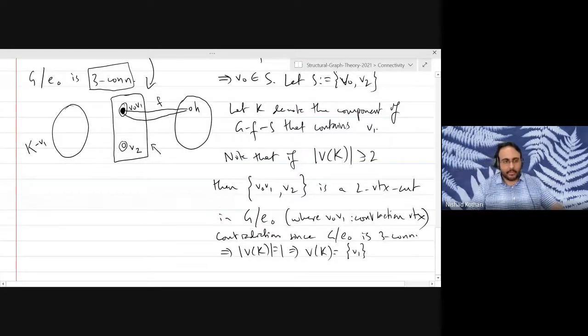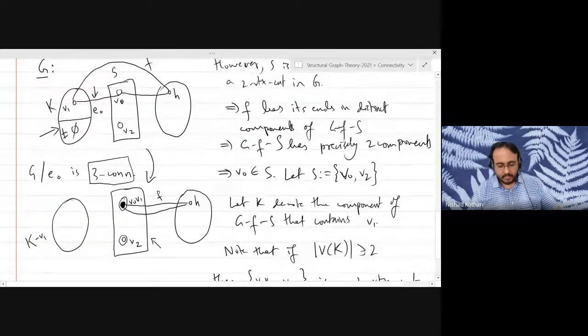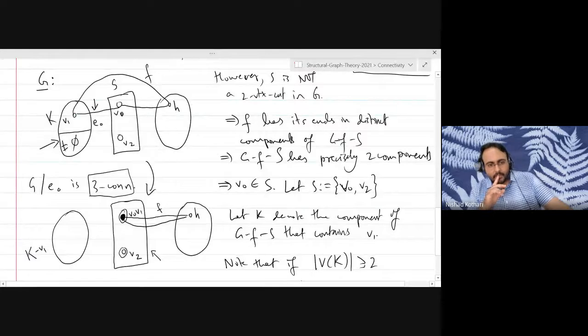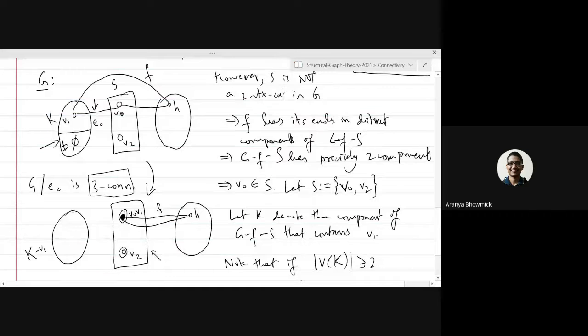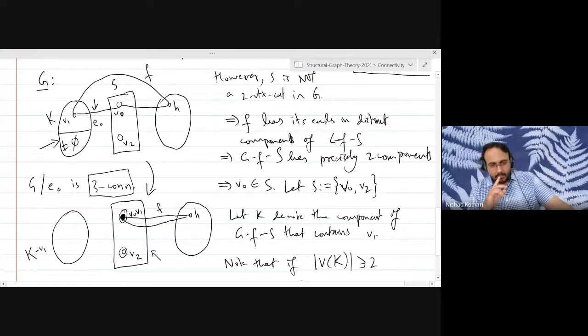Is everybody with me until this point? So sir, basically we can say that V2 will be adjacent to V0, V1 in G contract E0, right? Right. So yeah, we will draw more inferences, but is this part clear so far?